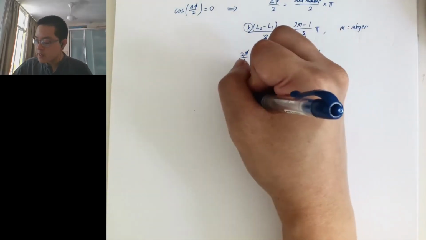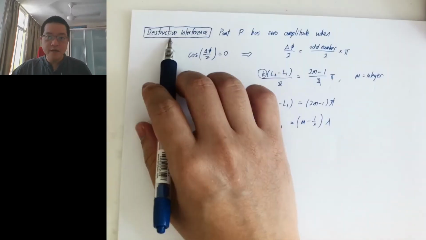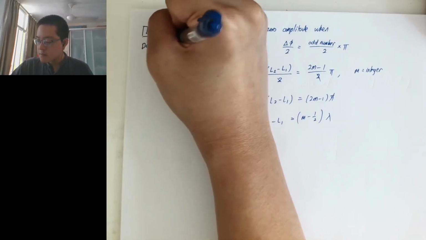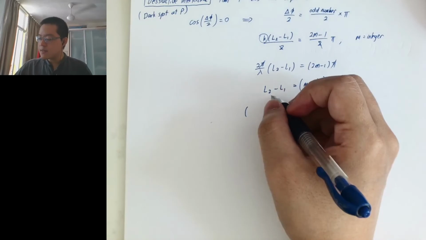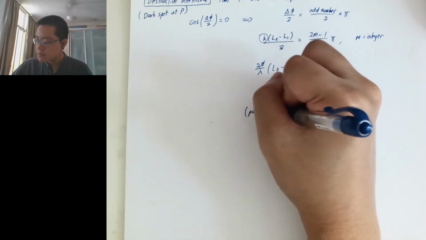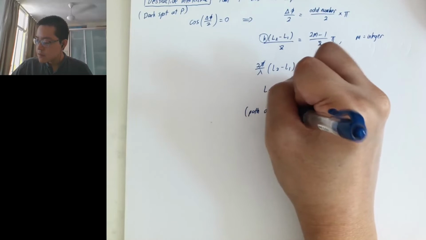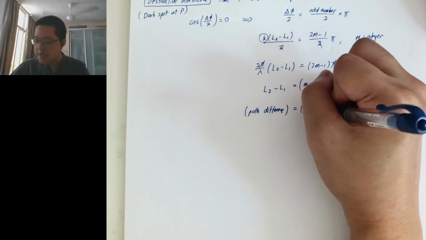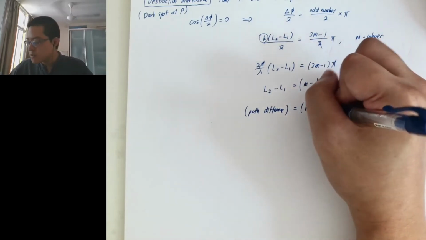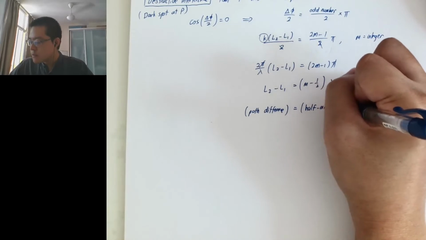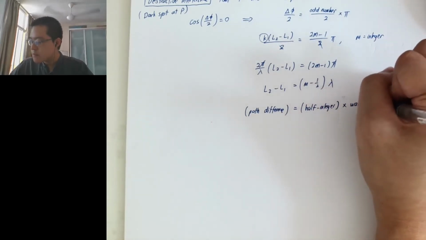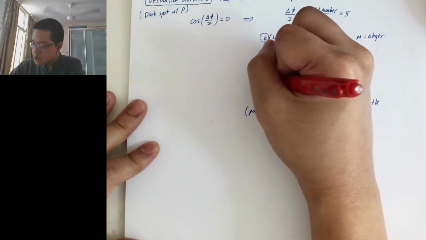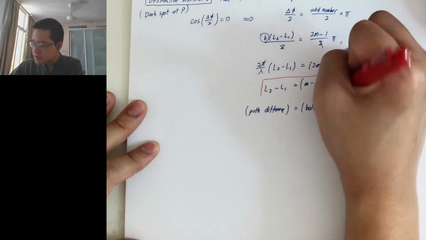So the condition for destructive interference, a dark spot at P, is that the path difference of the two lights is an integer minus half, which is a half integer, times the wavelength. This is our second condition, which corresponds to destructive interference.